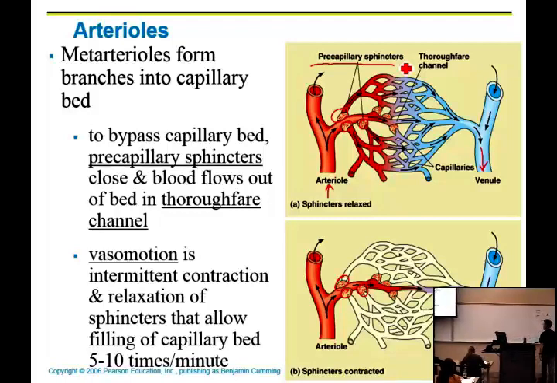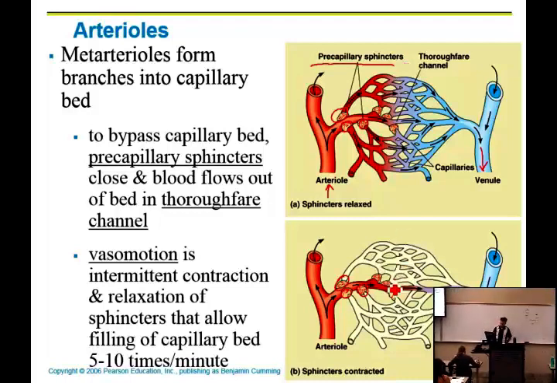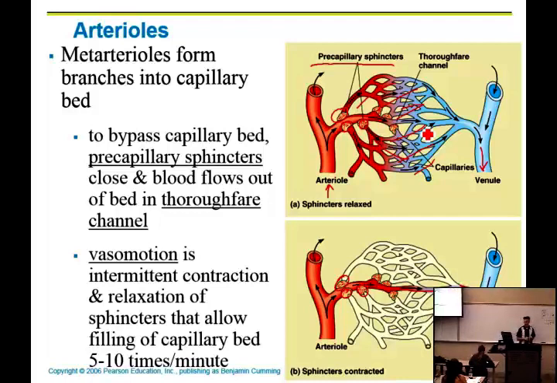So we're always going to go into a capillary bed, but if it's not a very active tissue, we're going to route it right through this thoroughfare channel like this. And if it is an active tissue, then we'll open up all of those valves and we'll let it totally percolate or perfuse through all of the different capillary beds, okay? So there's a lot of activity going on down there, a lot of vaso or vessel activity.